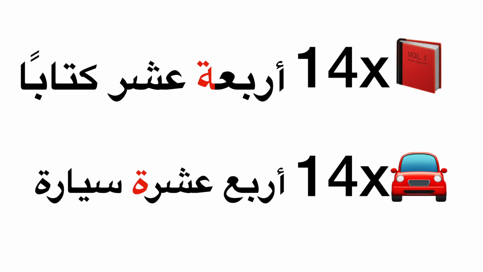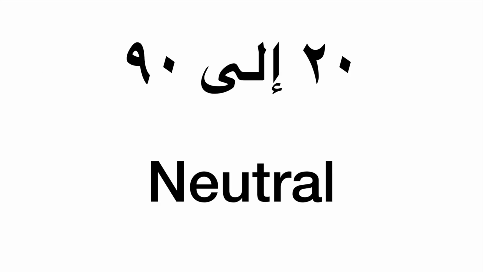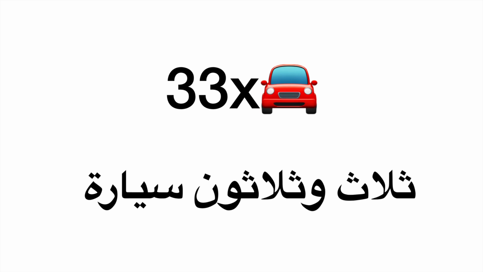Now what about the rest of the numbers? Well, numbers from 20 to 90 are gender neutral, meaning there is no male or female 20 or 50. Okay, the number associated with them though follow the rules we mentioned. For example, if you want to say 33 cars in Arabic, we would say 33 سيارة.